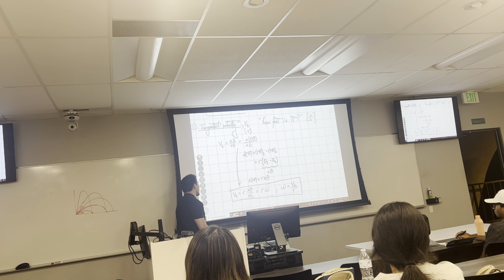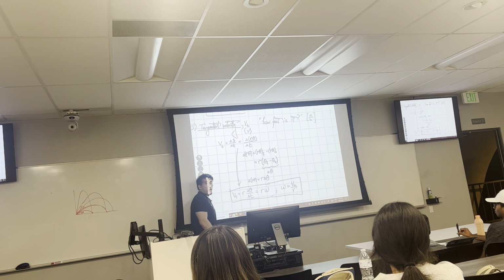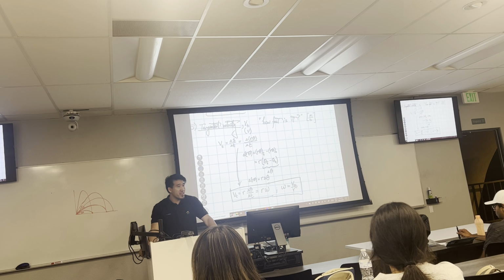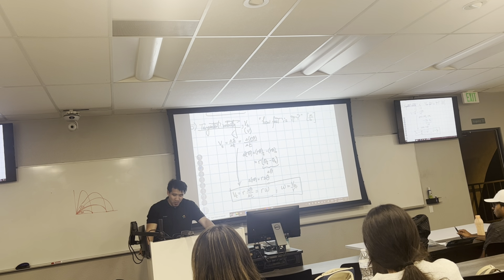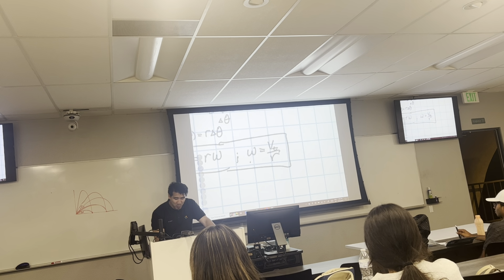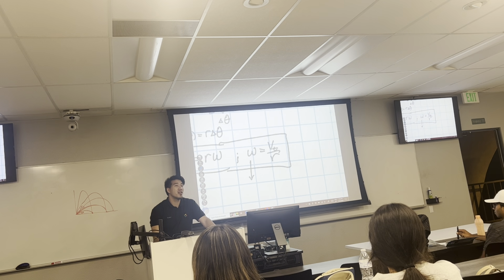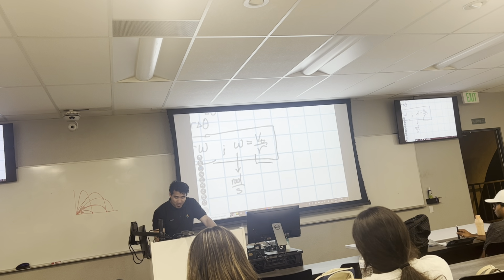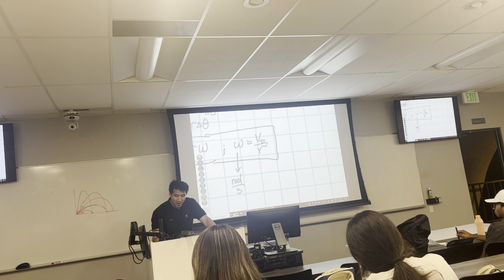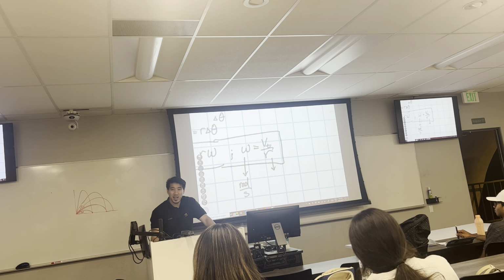Now, I understand this derivation, you may not have done it before. So as a method of double checking, you can always check your units to see if they actually end up working out. What are the units for omega? RPM. Okay, yeah, RPM, but let's do the more SI unit one, which is radians per second, right? Let's make sure that the right-hand side actually works out. What are the units for tangential velocity?